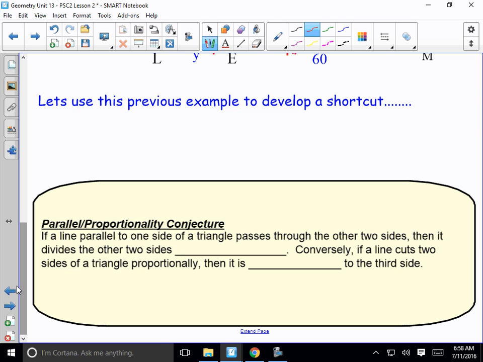Okay, so now, the conjecture that comes from this: if a line parallel to one side of a triangle passes through the other two sides, then it divides the other two sides proportionally.